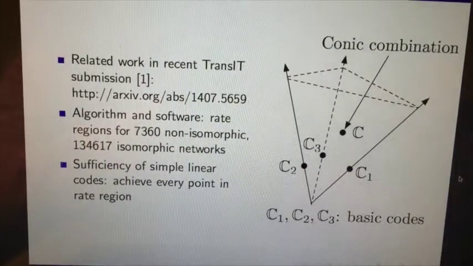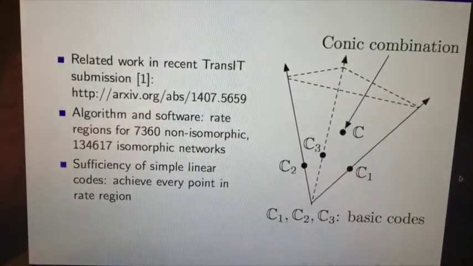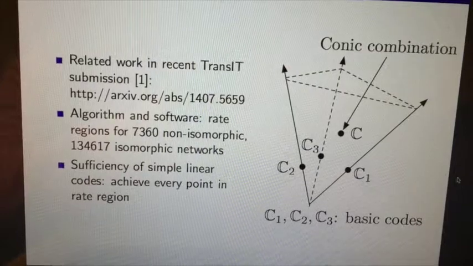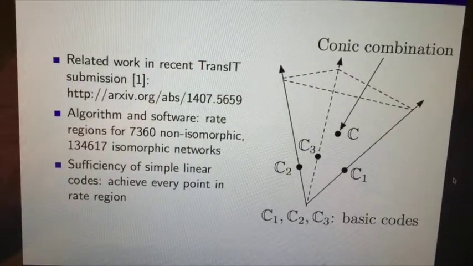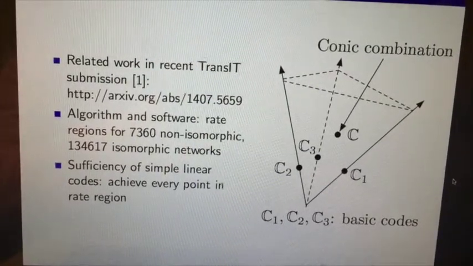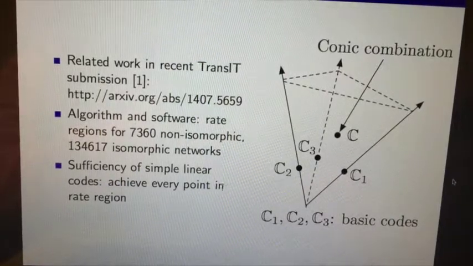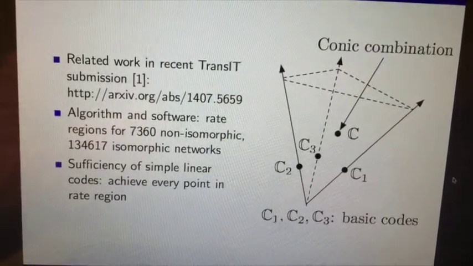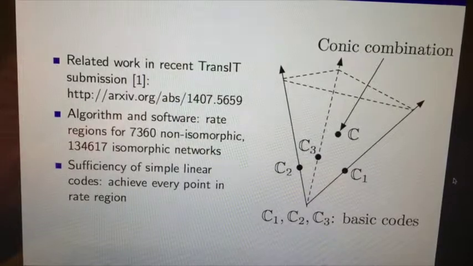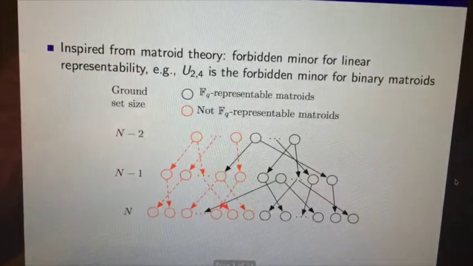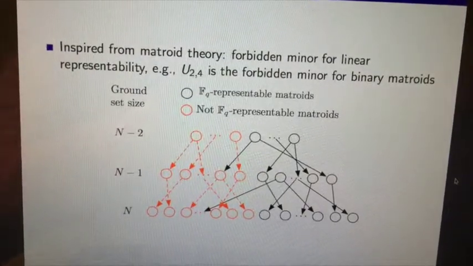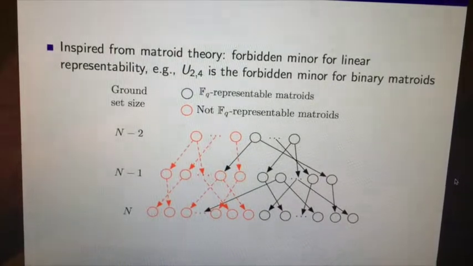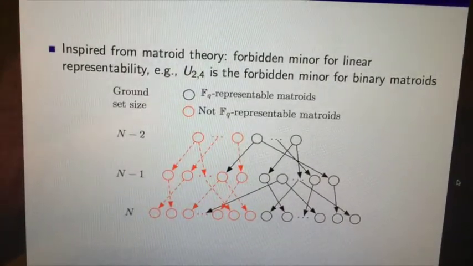Even though we have computation tools to compute the rate regions and check the sufficiency of simple linear codes, we still cannot handle large networks due to the computation limit. This forces us to address the problem from another perspective, and we were inspired by matroid theory, where linearly representable matroids are usually characterized by forbidden minors.